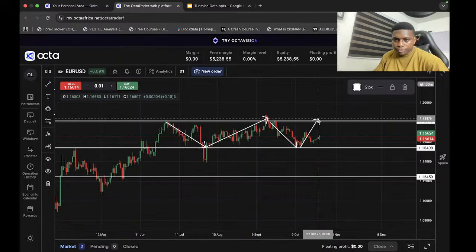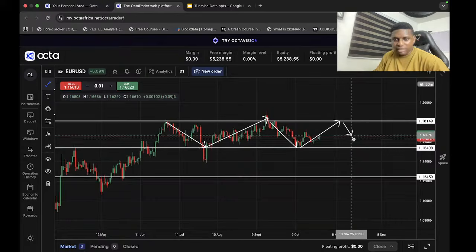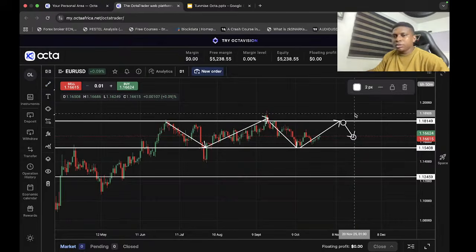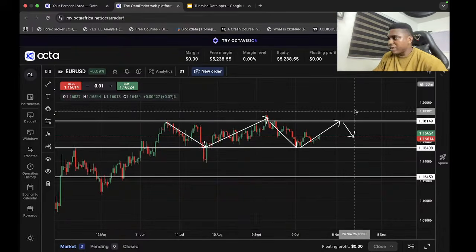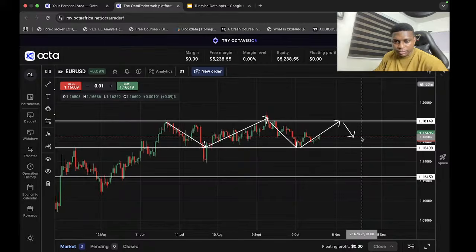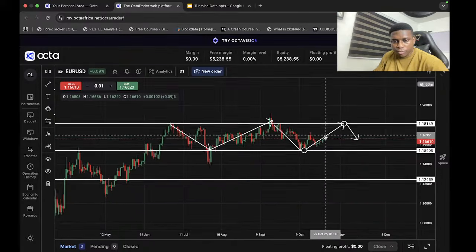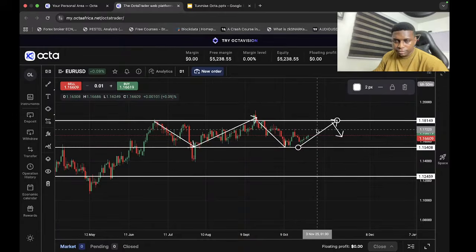Price can also, from here, touch this level and then reverse back, take another U-turn. So what we might most likely foresee is price movement from this level upward. We might not be able to see price movement from here downward. So there's a higher probability that price is going to move like this.